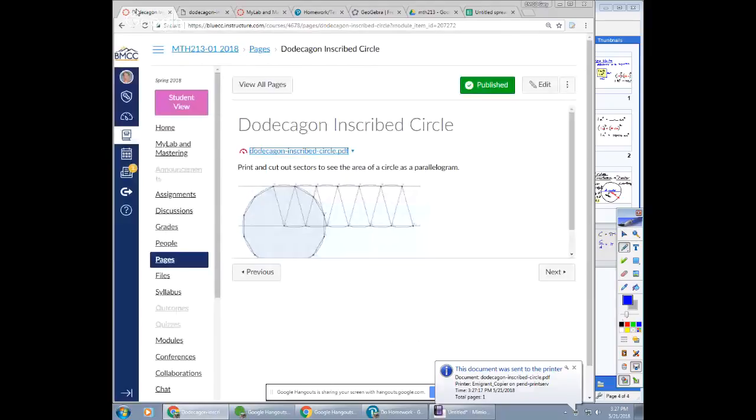All right. Which line do you want us to cut? The circle, not the dodecagon. Yeah, the outside is the circle. So this is a dodecagon inscribed in a circle. We want the circle. And there are rulers out here.